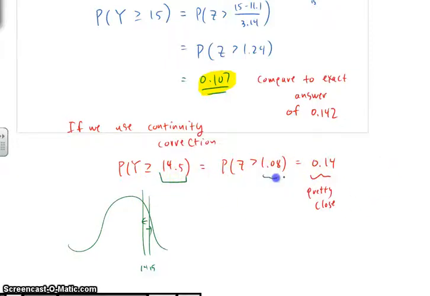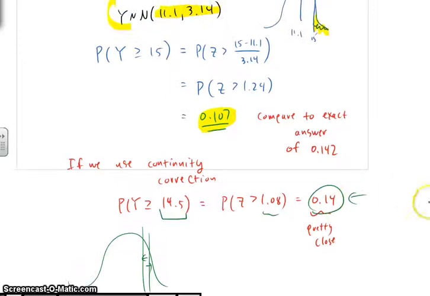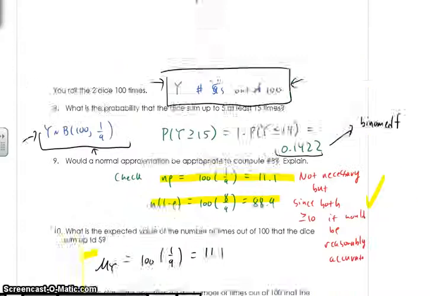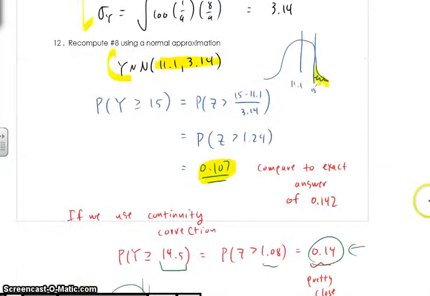And what we find then is that we get an approximate answer that's awfully darn close to the actual theoretical probability. So that's called the continuity correction. You're not really responsible for that on a test, but just realize that that's a way that we can make our normal approximation even more accurate than it is.